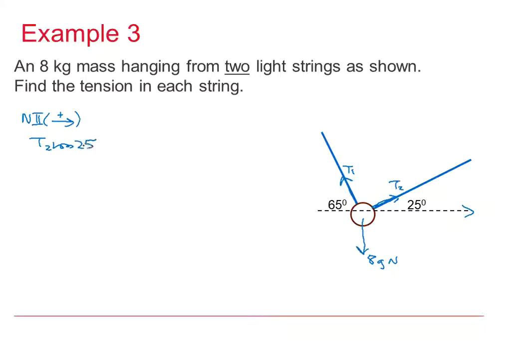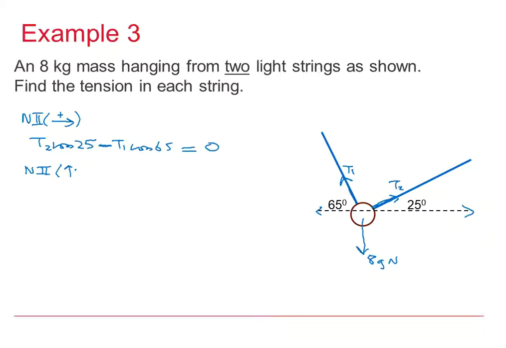So that's pulling to the right, so it's positive. If I want the horizontal component of T1 pulling that way along that dotted line, that would be T1 cos 65, and that's pulling backwards, so that's a negative component, and that total horizontal force must be 0 because the mass is in equilibrium.